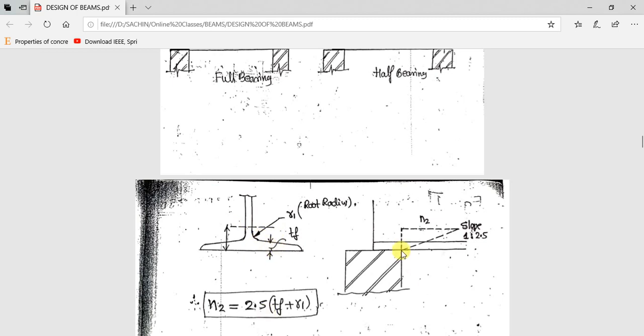From this particular point, if you start drawing a line with slope 1:2.5, the point where it reaches the height of thickness of flange plus R1, this horizontal distance from this point till here is called N2. The slope is 2.5, so the formula to get N2 is 2.5 times the thickness of flange plus R1.